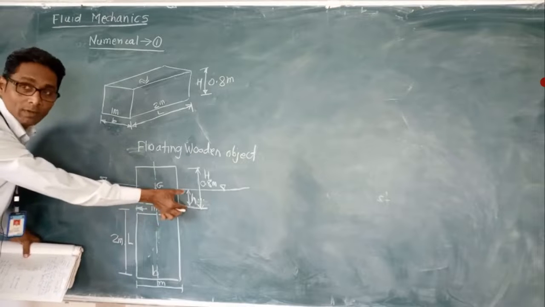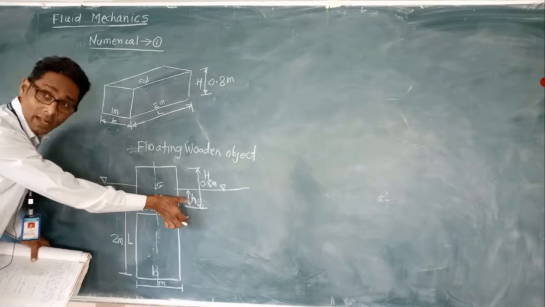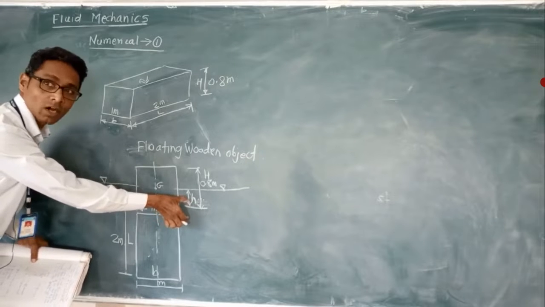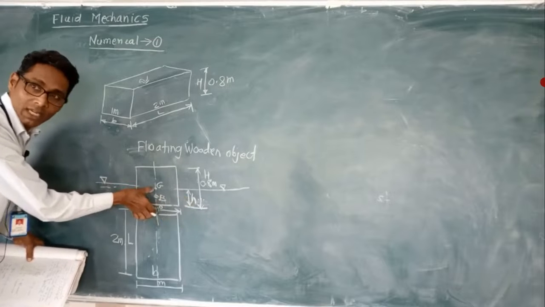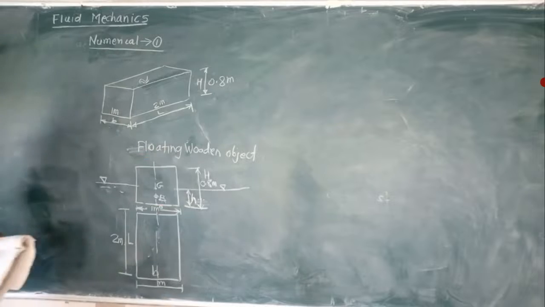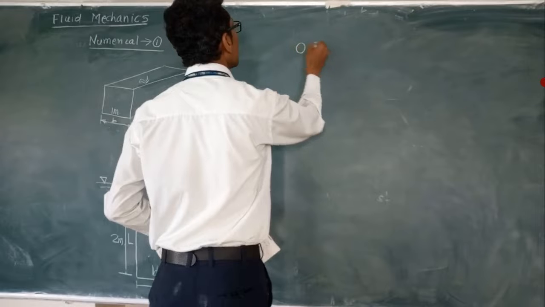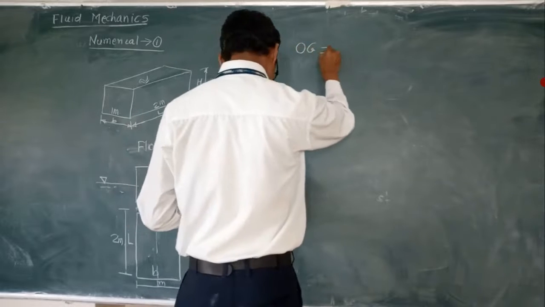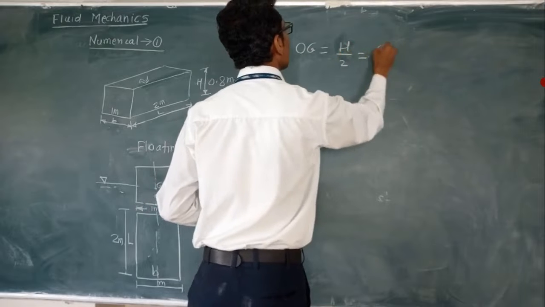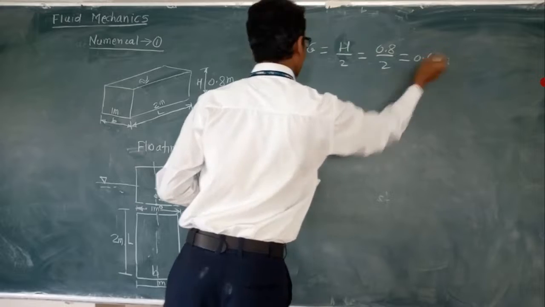Half of the depth of immersion, because B point lies at the middle or 50% distance or half distance of h. Point G lies at the half distance of the whole height. That definition we have seen. So first of all get clear, distance OG will be equal to what? 0.8 means H by 2, 0.4 meter distance OG.